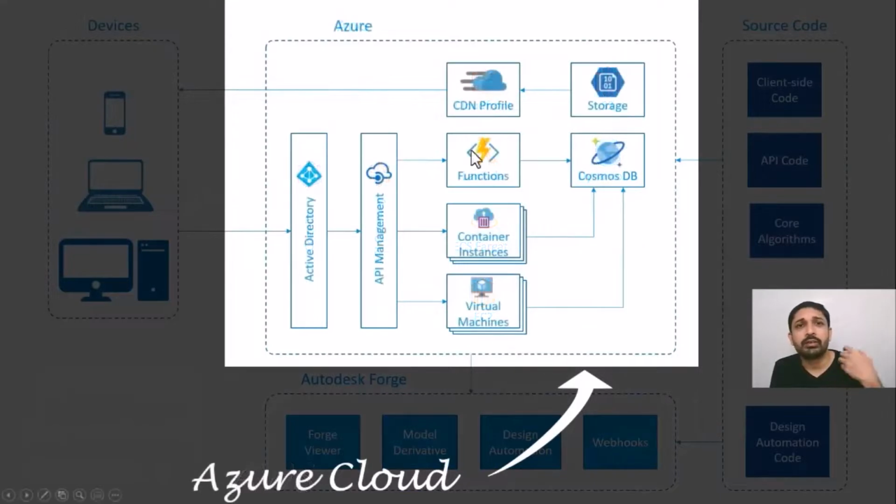If you see it from the Azure platform, then you see these equivalent services provided by Azure also. That's pretty much the architecture of how to build such a massively scalable CAD configurator for various customized workflows.